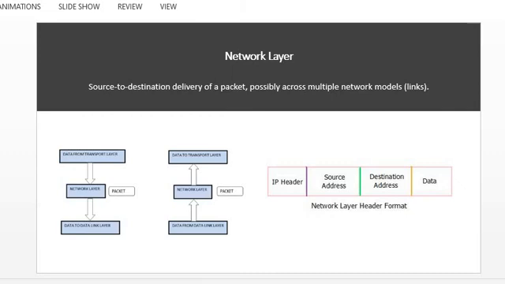That's the key role of the network layer: delivery of packets from the source to the destination, be it across networks or across the internet. The network layer has to ensure that packets are delivered successfully from the source to the destination.